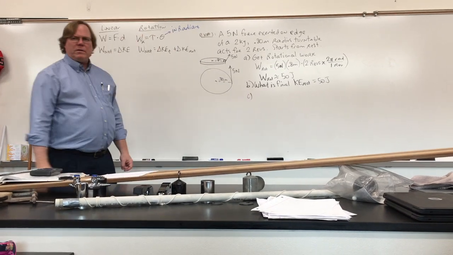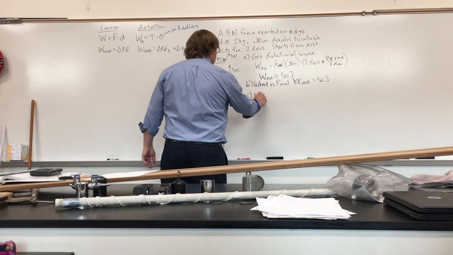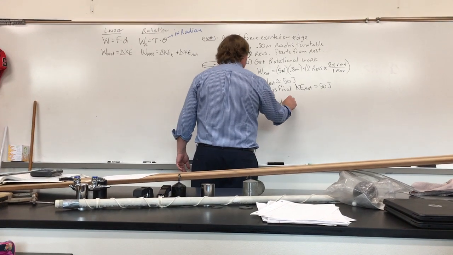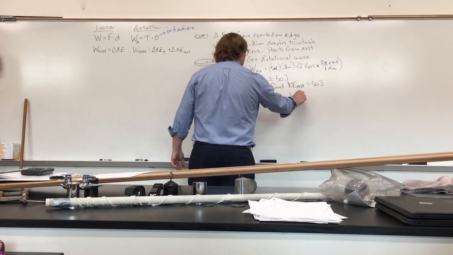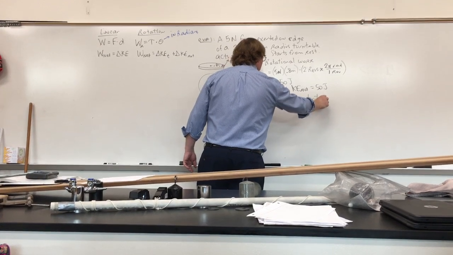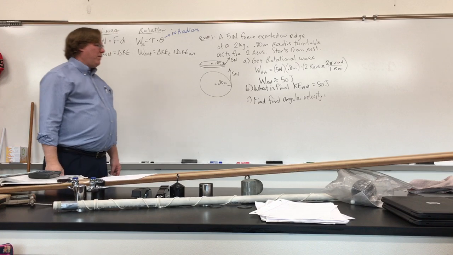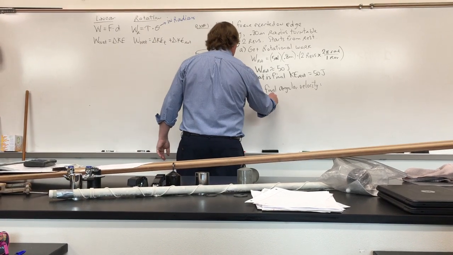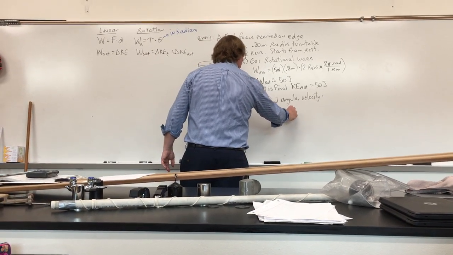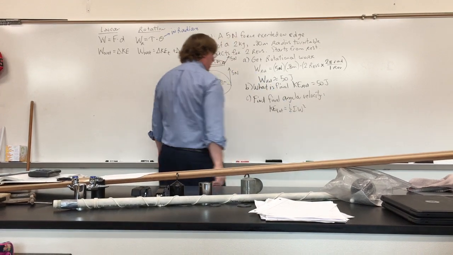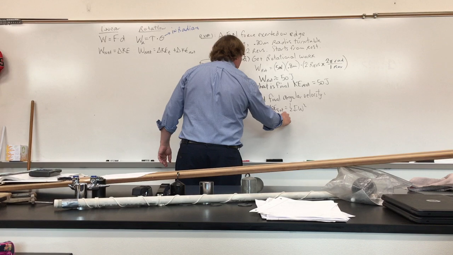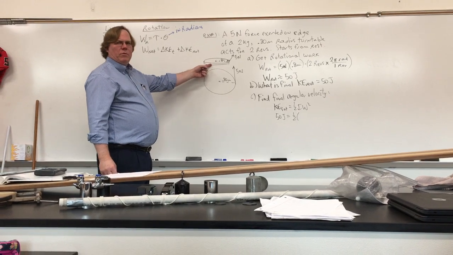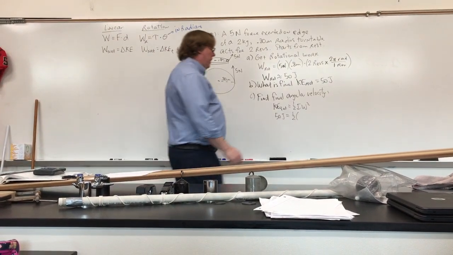And then finally part C. I want to find the final angular velocity. Well, to find the final angular velocity, I can just use my definition of rotational kinetic energy. That is, my rotational kinetic energy is equal to 1/2 I omega squared. And then let's plug in. 50 joules equals 1/2 times I. And the moment of inertia of a turntable, which is a solid disk, is going to be 1/2 mr squared.